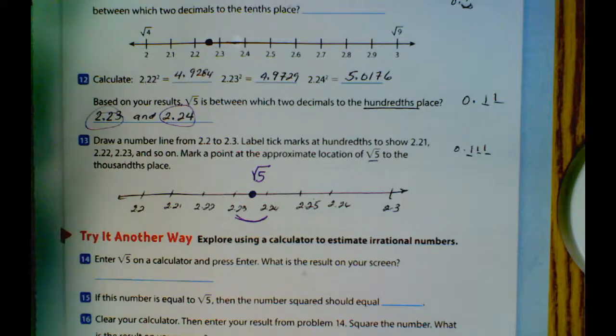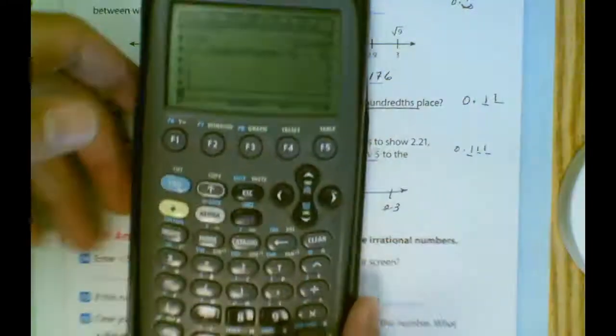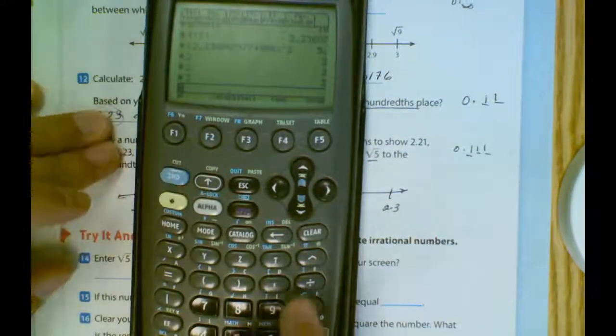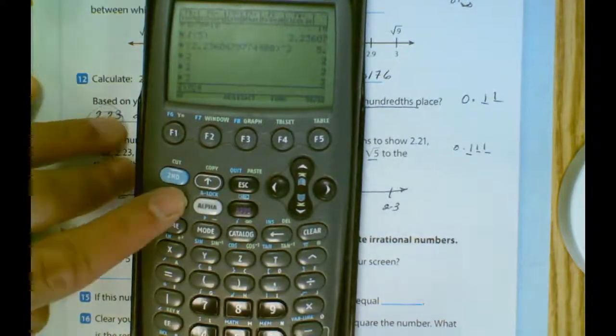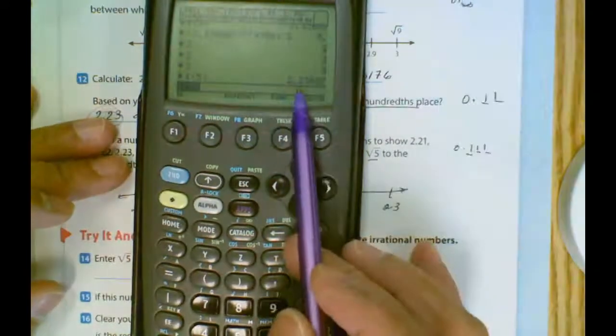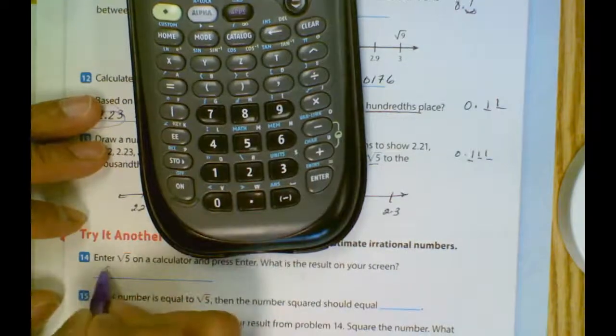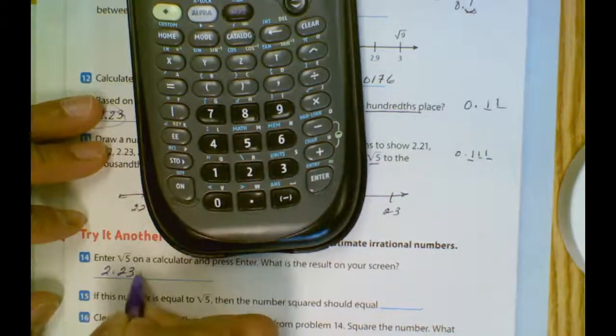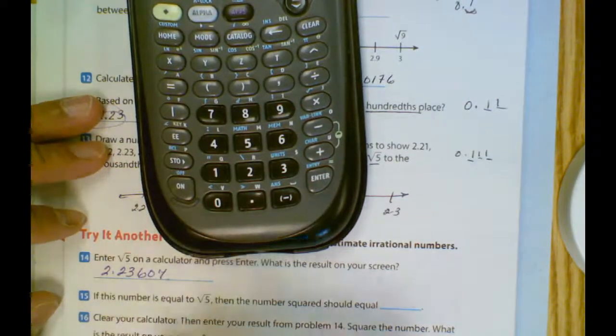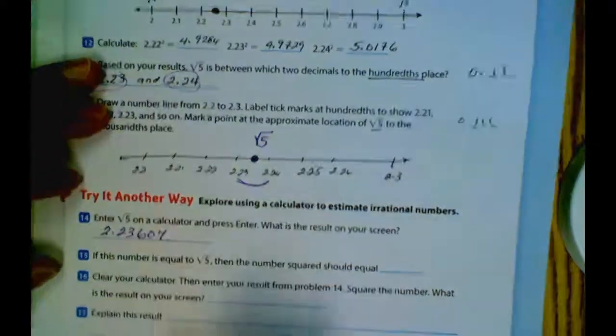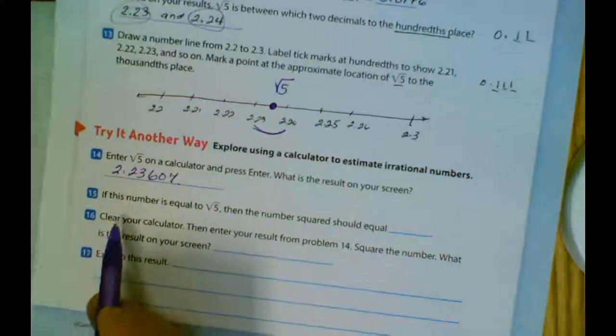So I have square root of 5 here. Square root of 5. And then enter is 2.23607. So that's my approximated value, 2.23607. Okay.